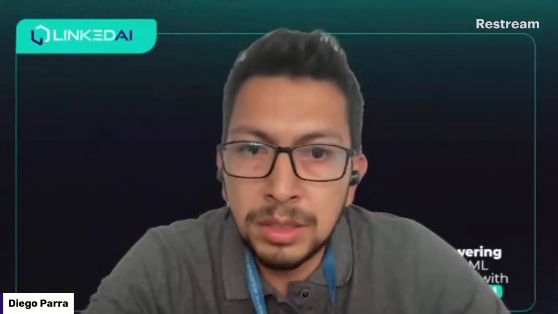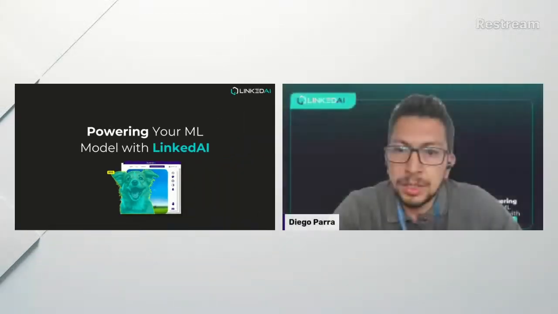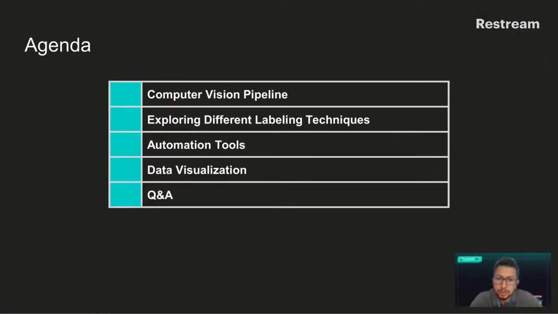Before we start, let's see what we're talking about. I think my presentation is not on the screen, right? Okay, here we go. Let's first take a look at what we're going to talk about today. We are going to talk about the pipeline to create computer vision models and see a quick demo on how to create this pipeline on our platform.